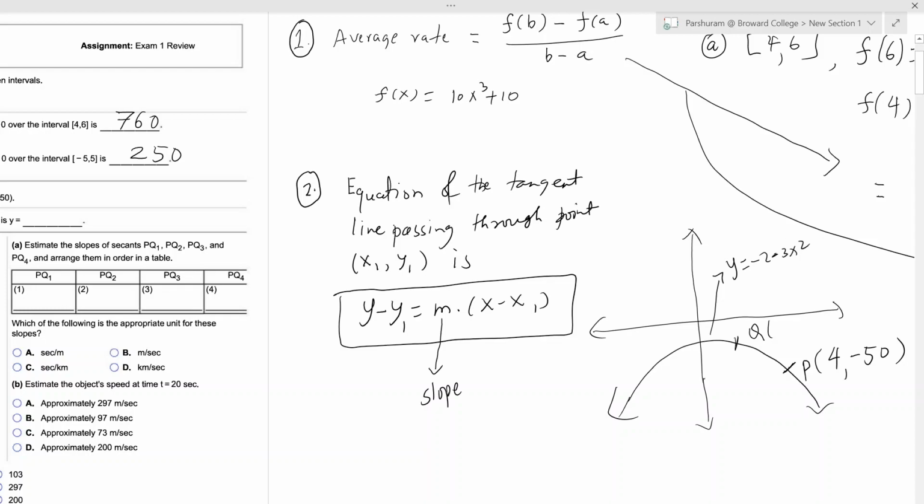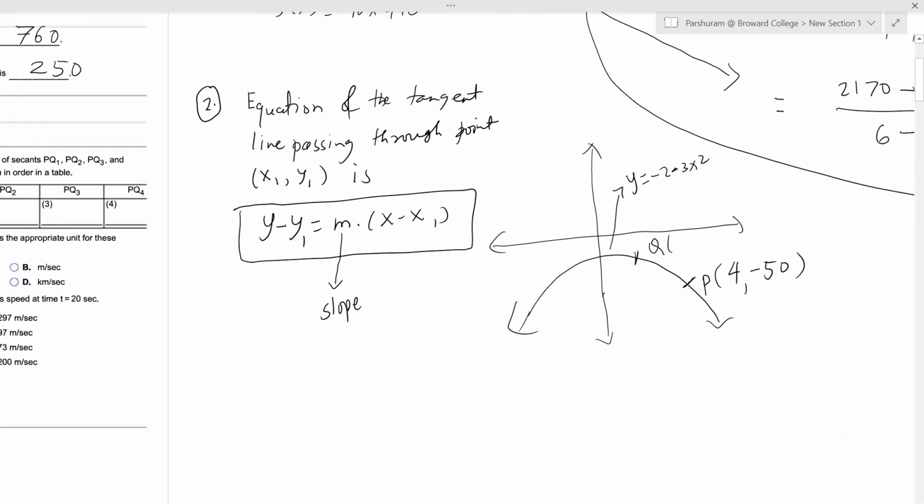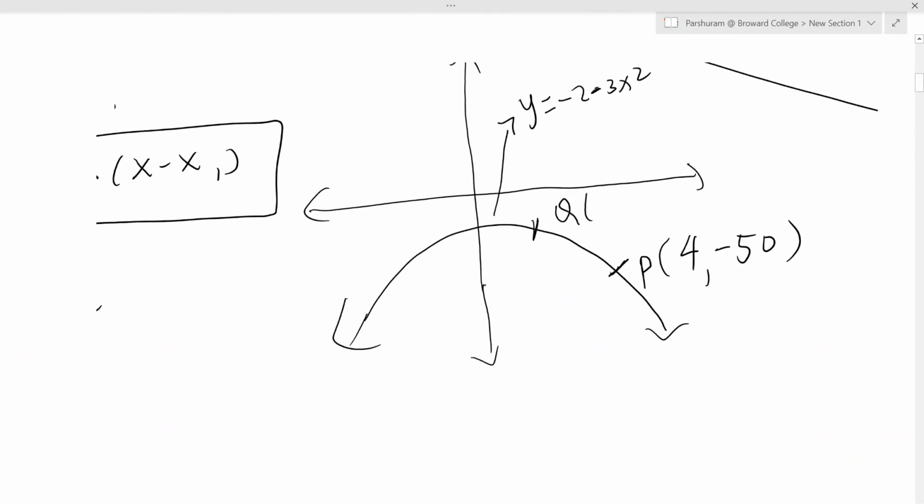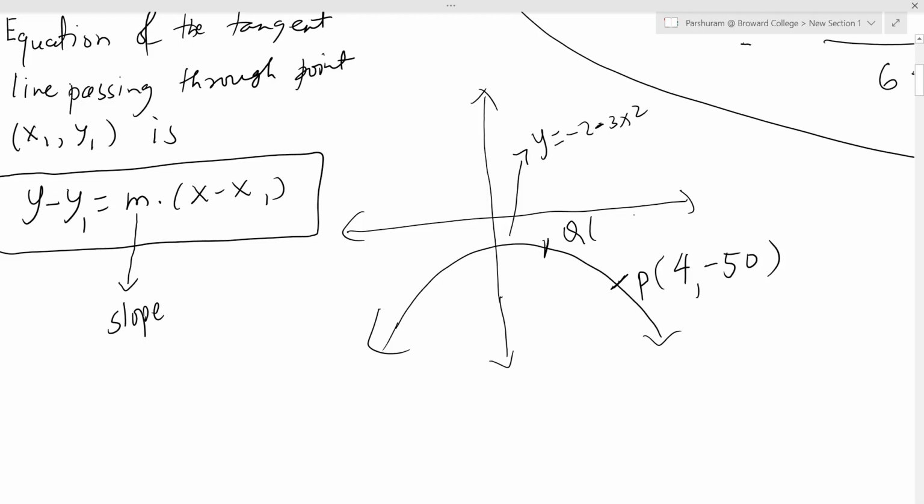So let's take another point Q on this curve which is very close to P, and let's say this is 4 plus h. We don't know what h is. H could be a negative value, but it means a very small difference between the x coordinate of point P and the x coordinate of point Q. If the x coordinate is 4 plus h, then the y coordinate can be found by using the equation of this curve, y equal -2 -3x squared.